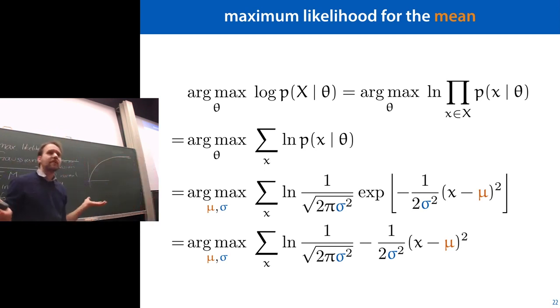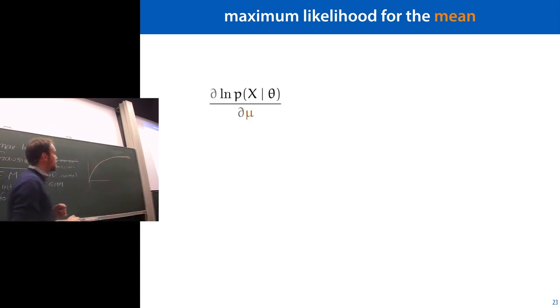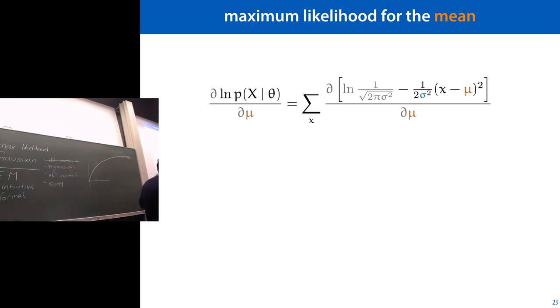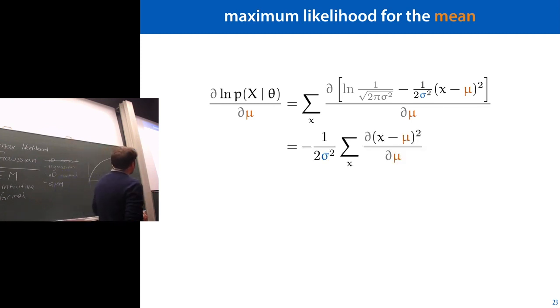So it should come as no surprise that we're going to take the derivative, because we want to find the maximum. We're going to take the derivative with respect to mu, because we're only doing mu at the moment. So the derivative of the log likelihood with respect to mu: this whole normalizing part of the function we can ignore, because mu doesn't occur there. So we're only interested in the second part, which gives us this.